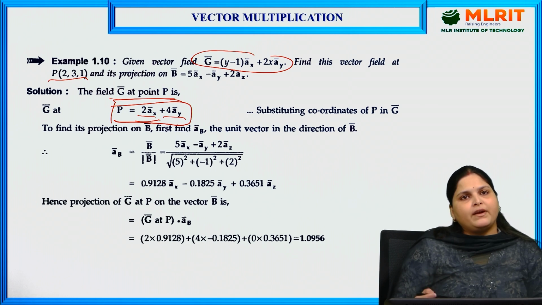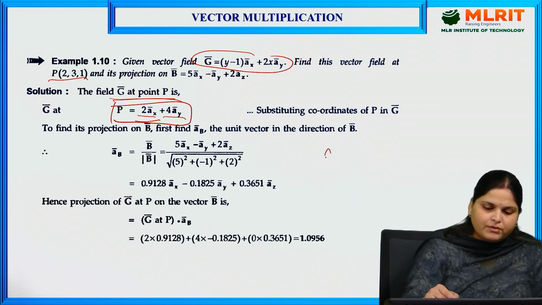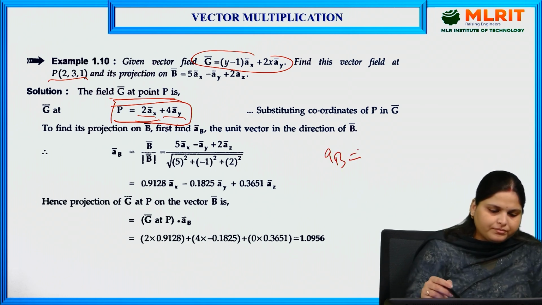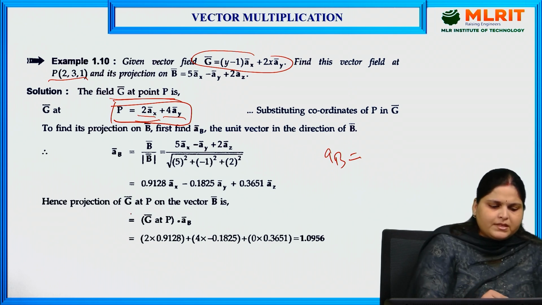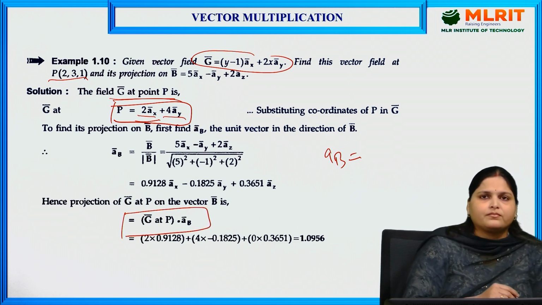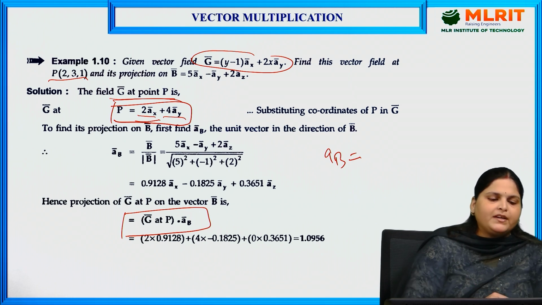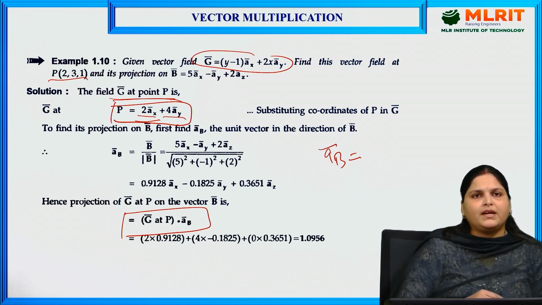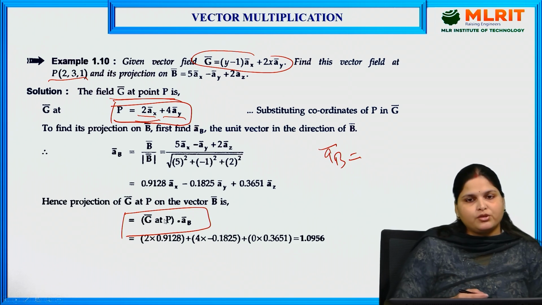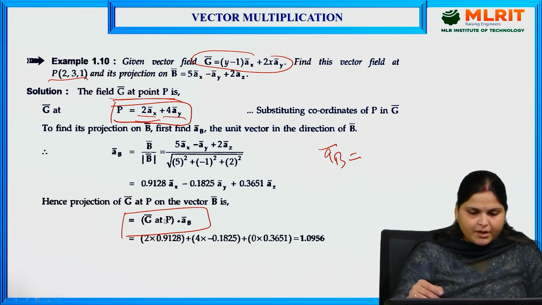Now we need to find its projection. So the formula for projection is this, right? Before we find the projection, first we have to find aB, the unit vector in the direction of B. And how do we find aB?